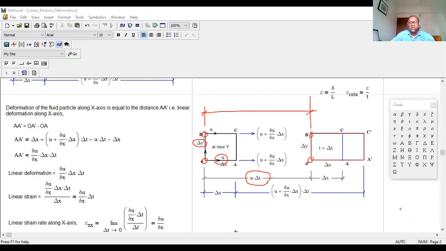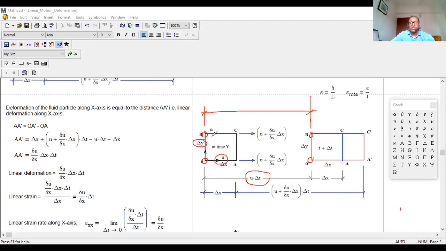Now, why does this fluid element deform? Because line AC travels faster than line OB. How much faster? At point B, velocity is u, but u, v, w are also changing with respect to change of distance. So how much is u changing along the x-axis?